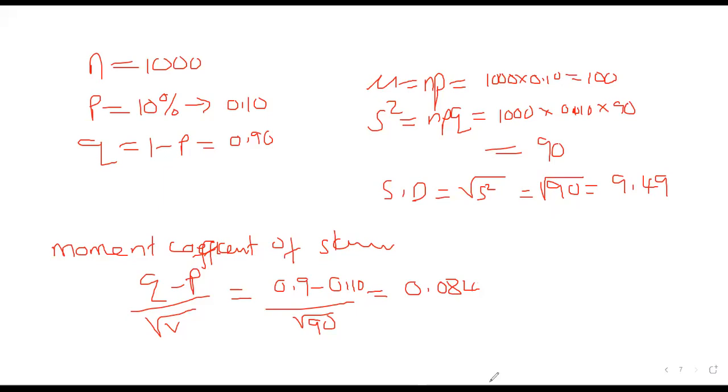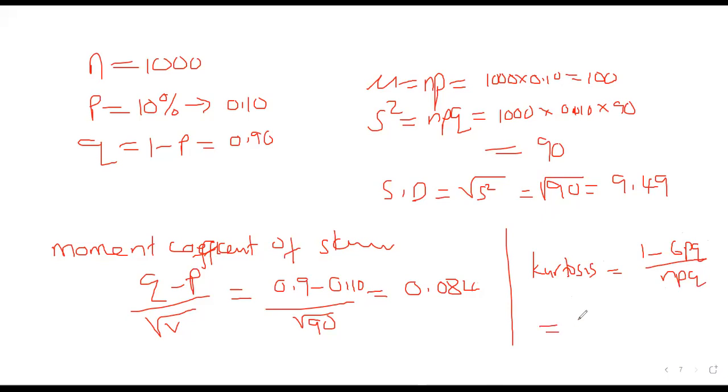And we also have what we call the kurtosis. Kurtosis I've explained is the height. So kurtosis is simply found by 1 minus 6PQ over NPQ.